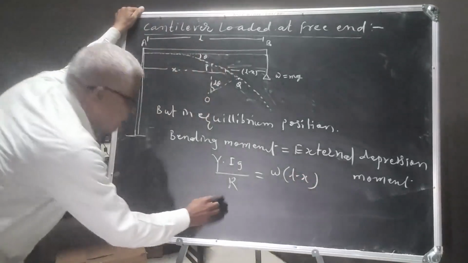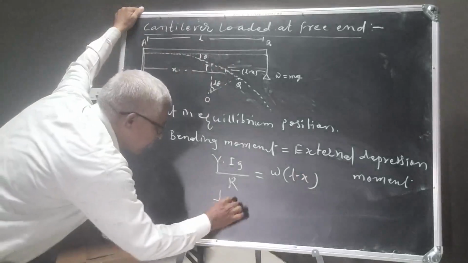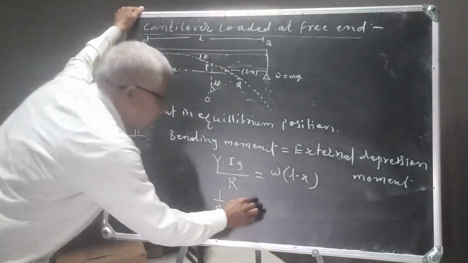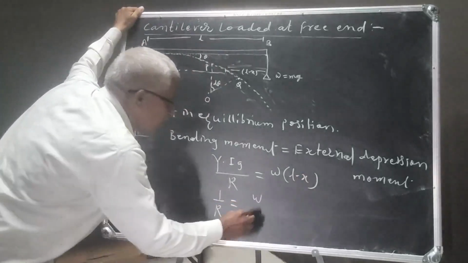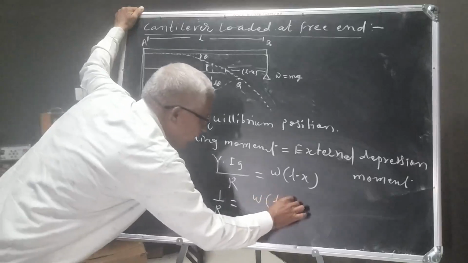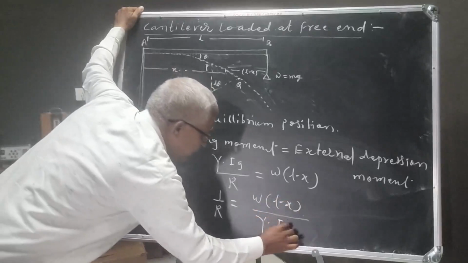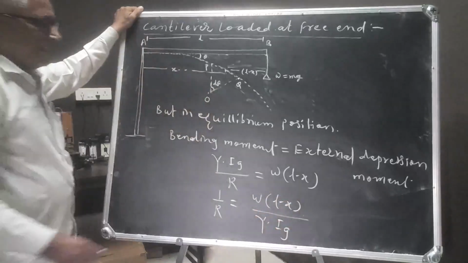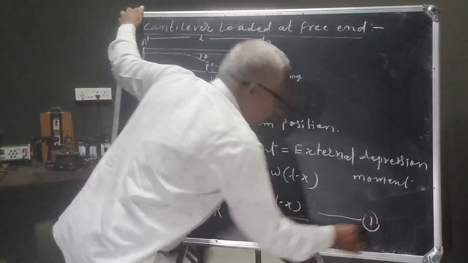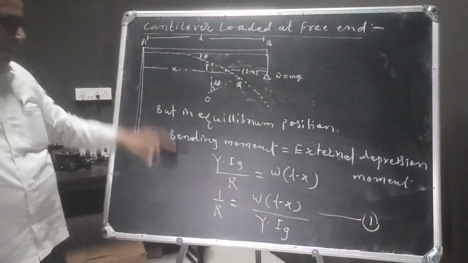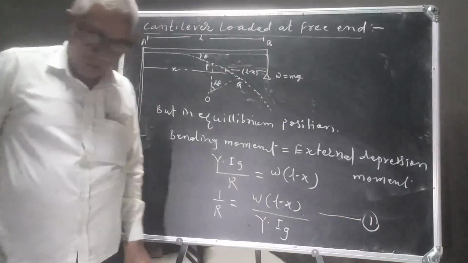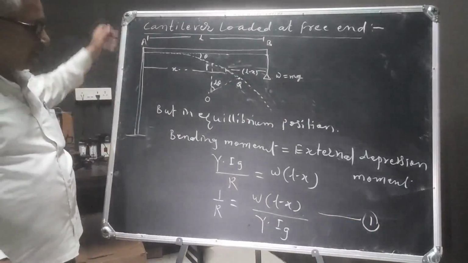We rearrange this equation like this: 1 upon R equals W into (L minus x) upon Y into I_g, where Y is the Young's modulus and I is the geometrical moment of inertia.